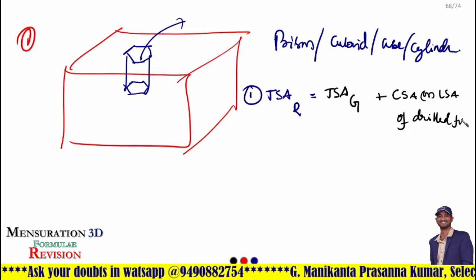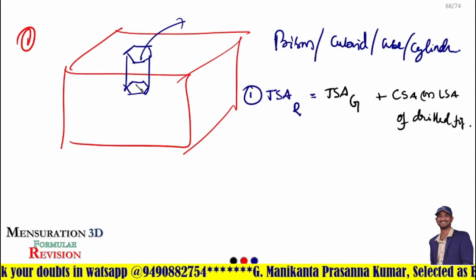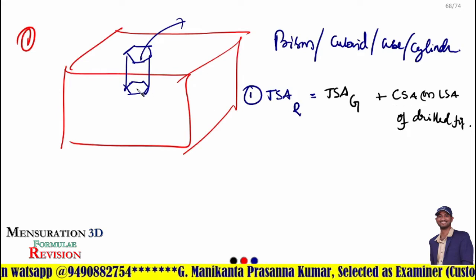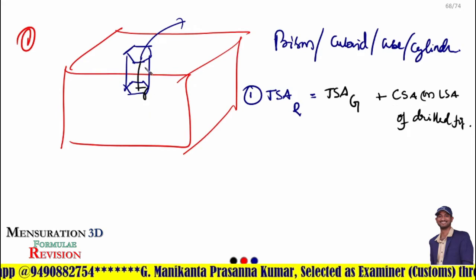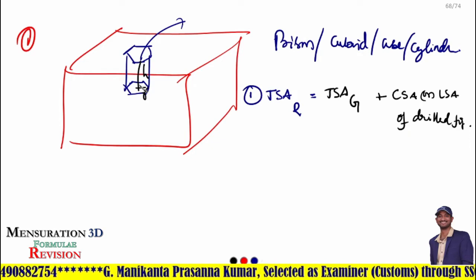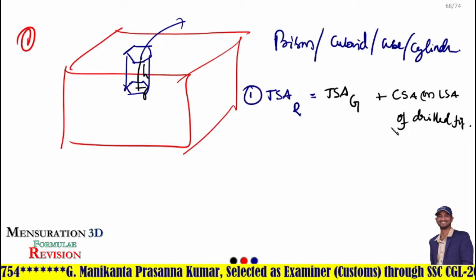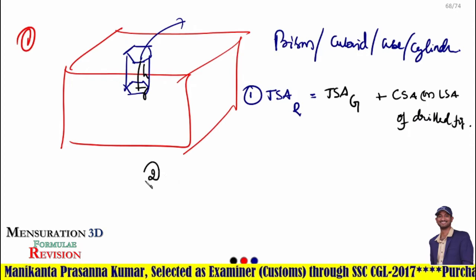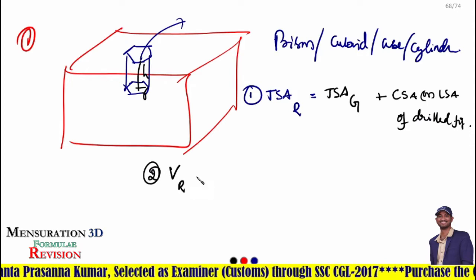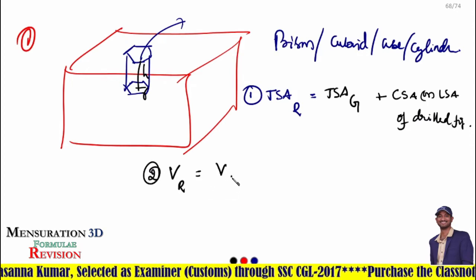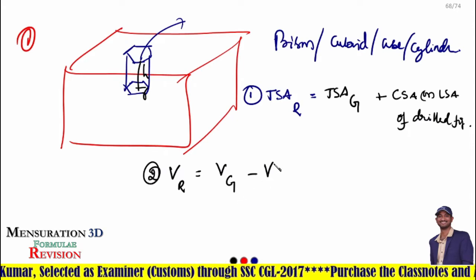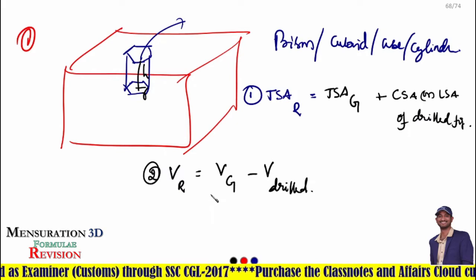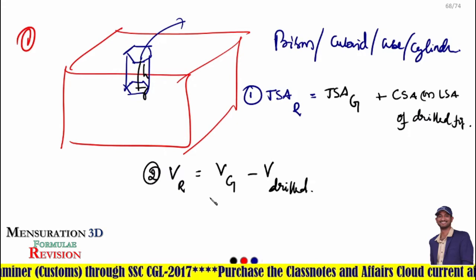For suppose if a cylinder is drilled, then the curved surface area of the cylinder is 2 pi R H, where the radius and height of the cylinder are given. Okay, this is about total surface area. And while talking about volume, the volume of the remaining solid is equal to the volume of the given solid minus the volume of the drilled solid.